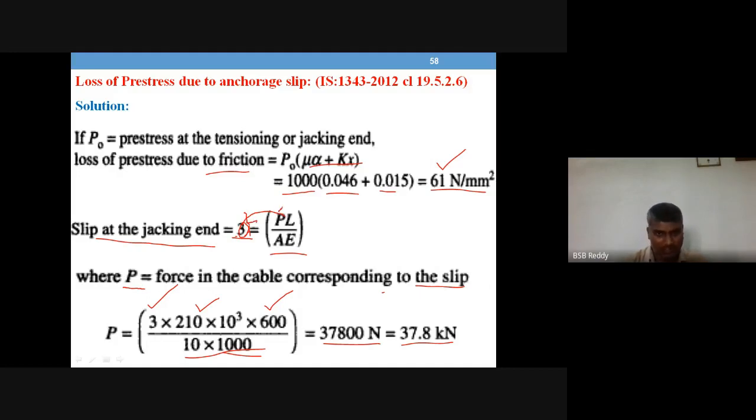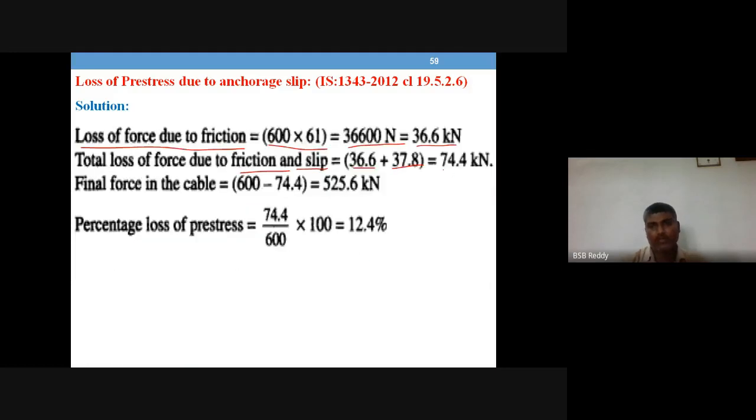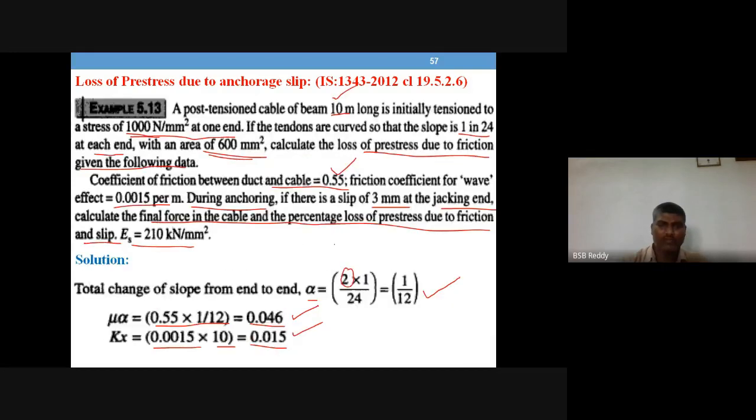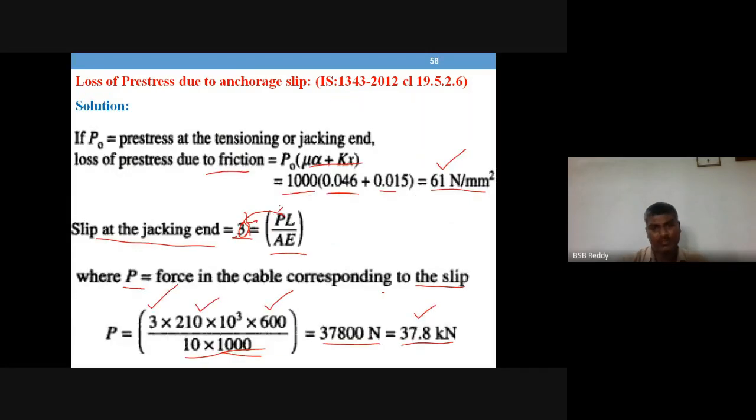So the total value of loss is 74.4. Final force in the cable: the initial force is 1000 into 600, so 600 kilonewton is the force.